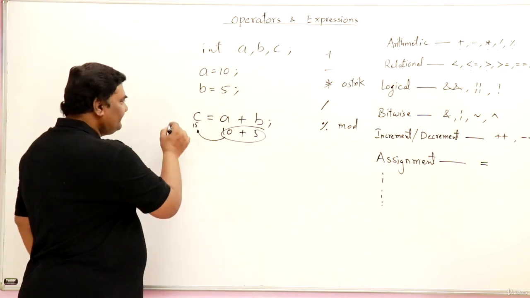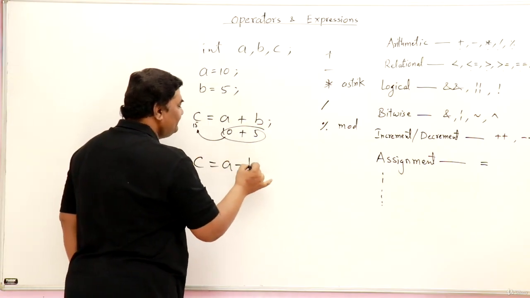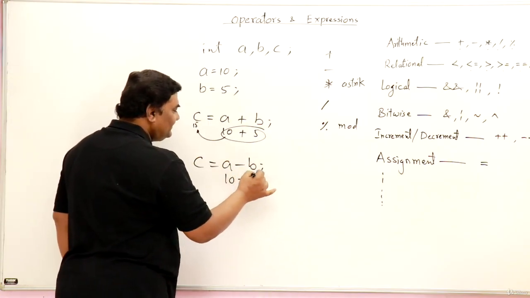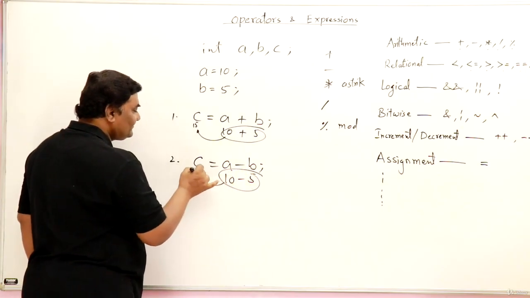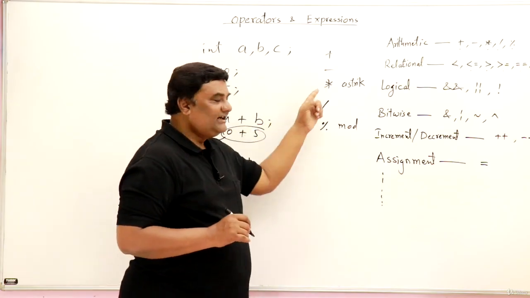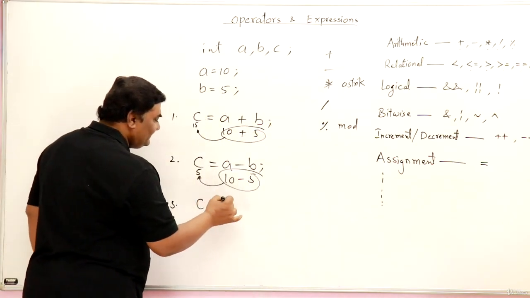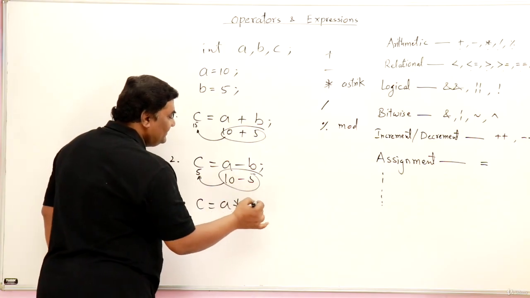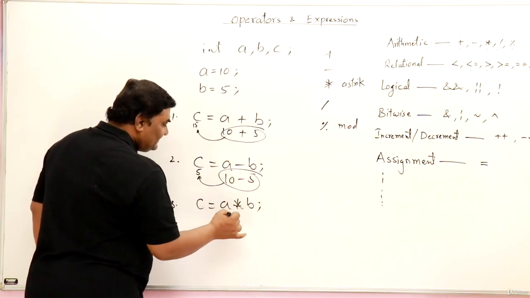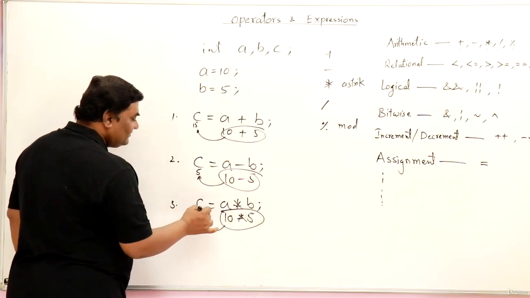Now if I use C assign A minus B, then this is 10 minus 5 and the result is 5, that is stored here. Then let us look at the next, that is multiplication. Third one, if I write C assign A multiplied by B, then this is 10 into 5. The result is 50, that is stored in this one.